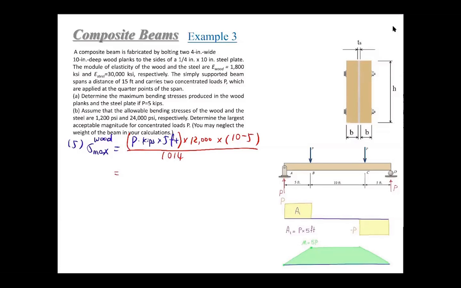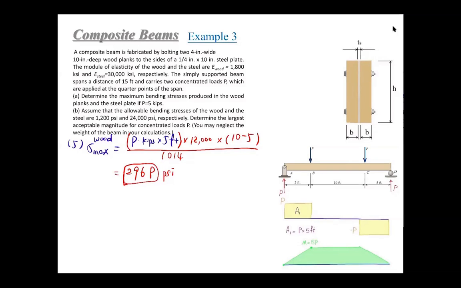So here we get 296 P psi. This is in psi, but we have a variable P. Using this result, we can solve step A and step B simultaneously.